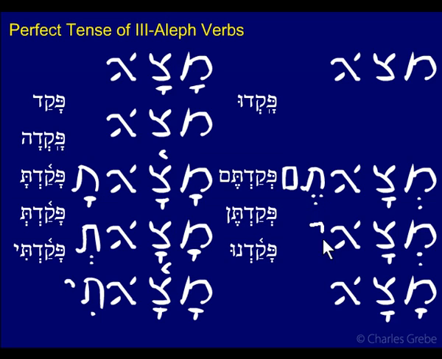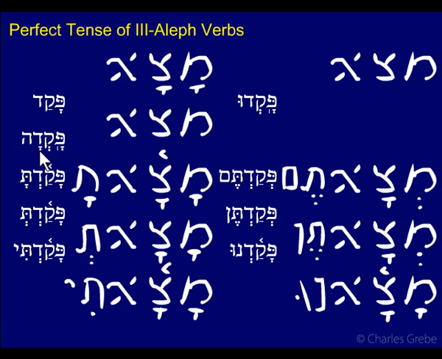I can squeeze them in here. Tem and ten without the dagesh lene. And nu, well, there was no dagesh lene there anyway, so that doesn't really matter for this one. Okay, let's be consistent here. And now let's go to this one.